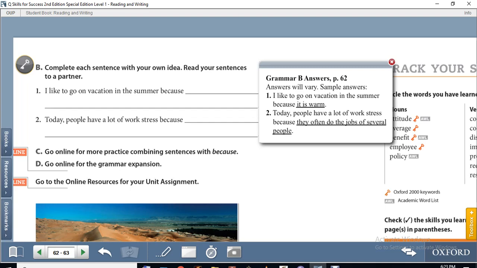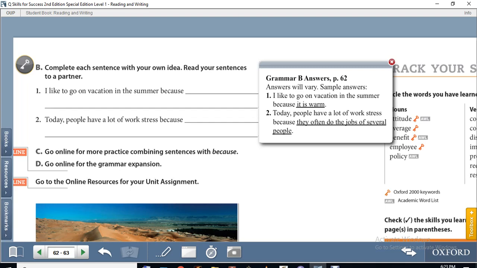I like to go on vacation in the summer because it is warm, or because I like the weather, or you can say because it's hot, for instance, or any other reason that suits you to go on vacation in the summer. The second sentence, today people have a lot of work stress because they often do the jobs of several people.